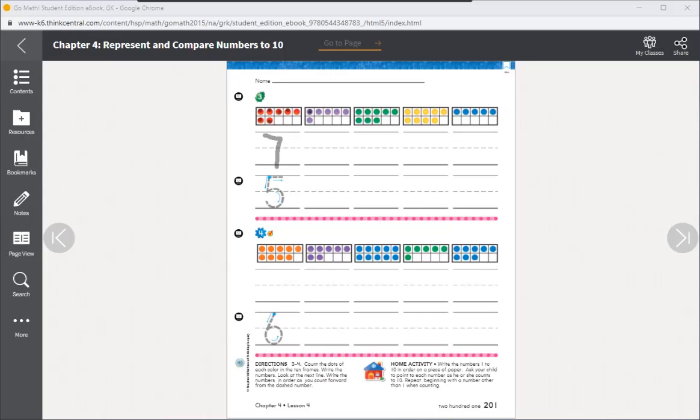Let's count together. Here we go. 1, 2, 3, 4, 5, 6. 6. Good job. You stopped at the last one. Remember, we're only counting what we see. If there's no more, that means we got to stop. Okay, let's count the green ones.